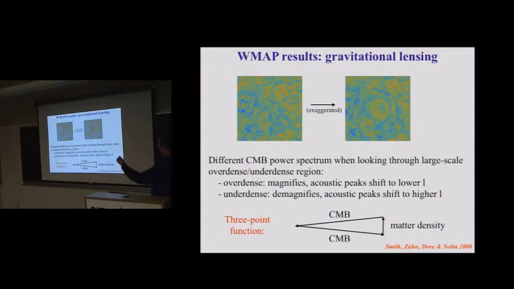That means that the acoustic scale, the characteristic correlation length of the CMB, will be shifted to a larger apparent or angular separation. And if you measure the CMB power spectrum, looking through an overdensity, you will see the acoustic peak shift to lower power. Conversely, if we look through a large-scale underdensity, then you'll see a different CMB power spectrum. The acoustic peaks will shift to higher power.